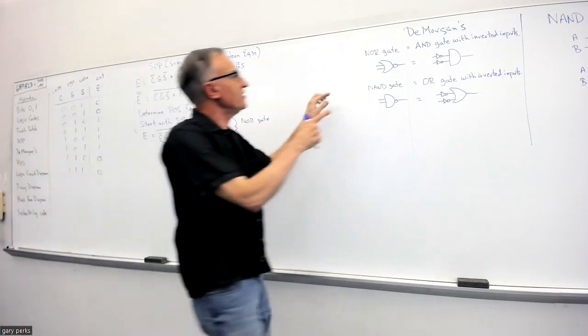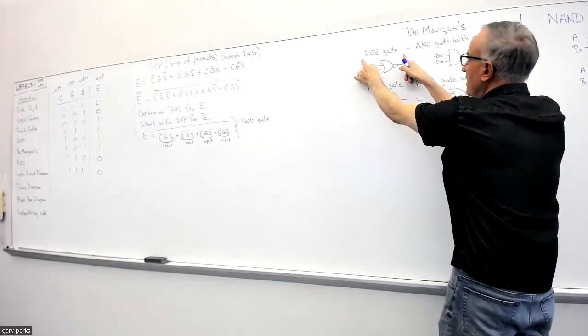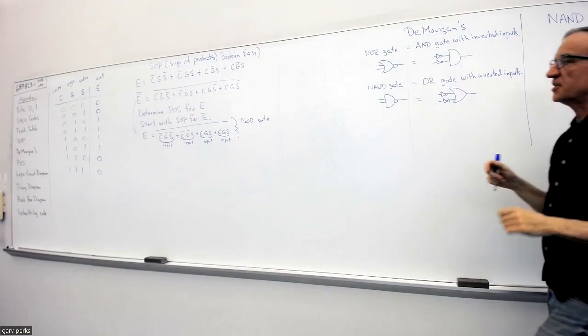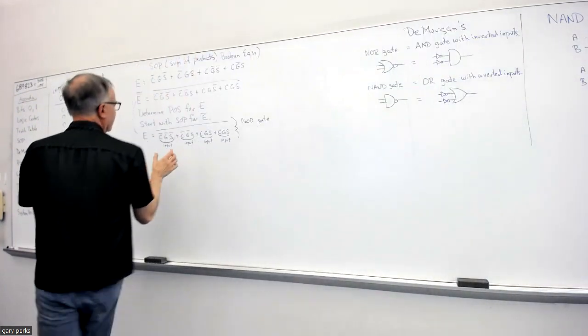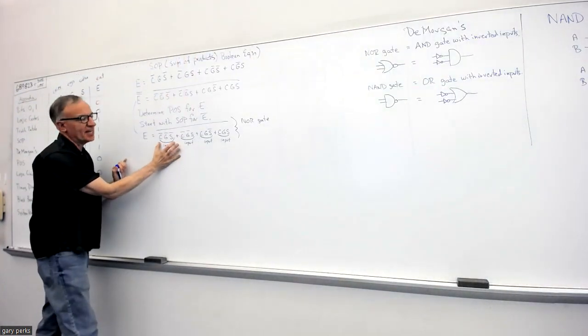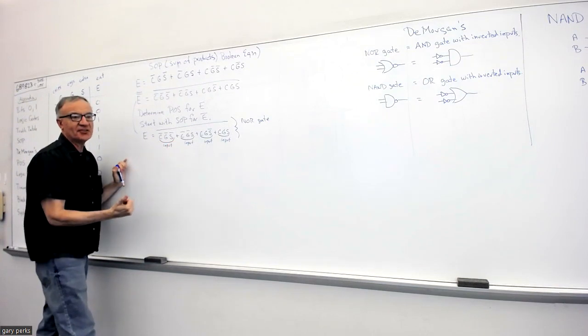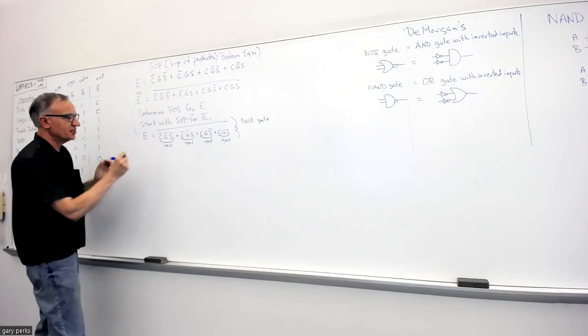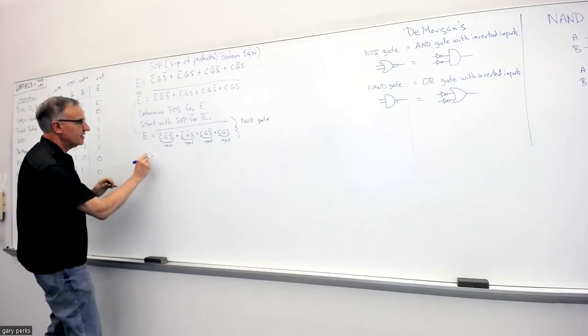Well, De Morgan's tells us a NOR gate is the same as an AND gate with the inputs inverted. So if I take each one of these inputs and I invert them and then AND them together, I end up with an equivalent expression. Right? So you see, I can write this as this.